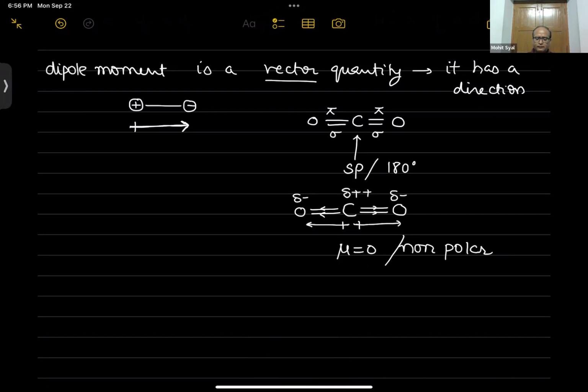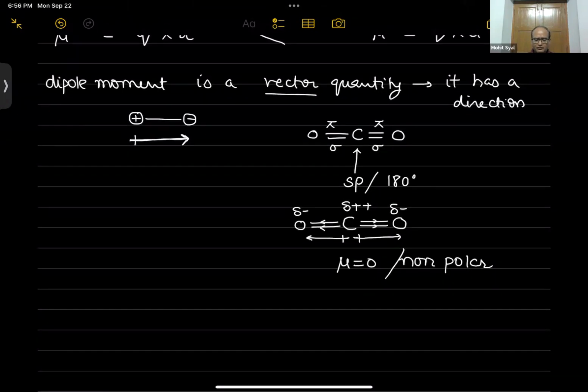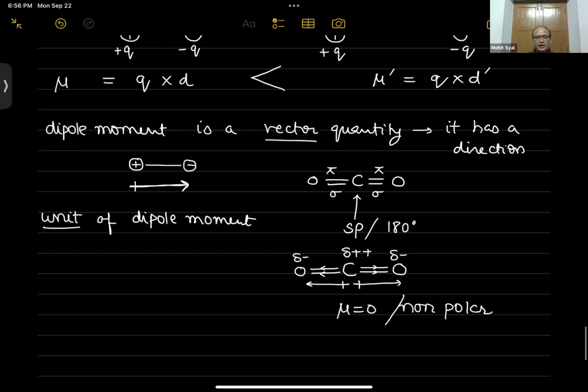Okay, what is the unit? The unit is actually the unit of charge times distance. The SI unit is coulomb meter.